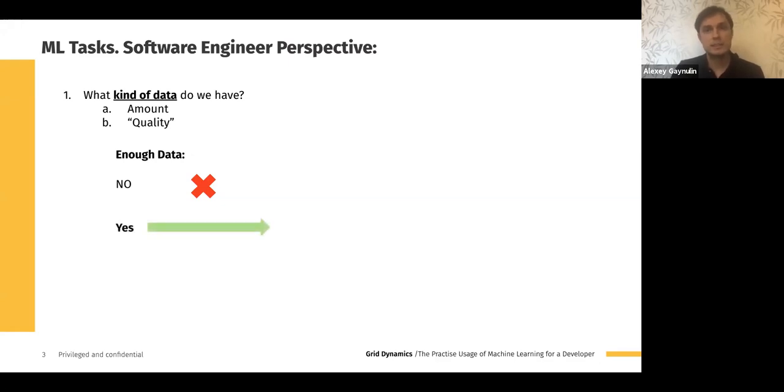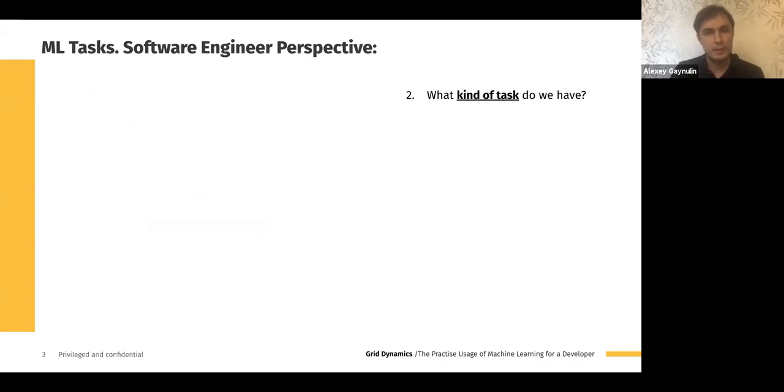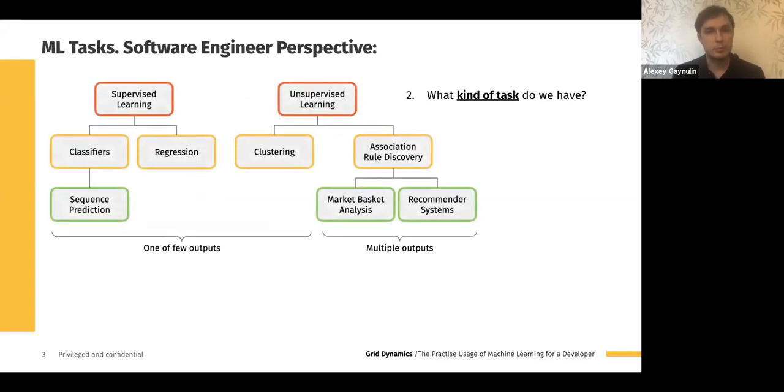So we can ask ourselves the following question: what kind of task do we have? To answer this question, let's take a look at the machine learning categories. Briefly, we have supervised learning, we have unsupervised learning, we also have reinforcement learning, but it doesn't matter within the scope of our current presentation.